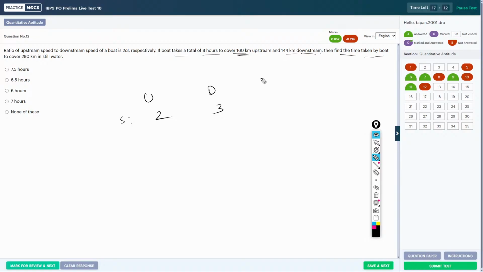We skip it. 36, it's 4. So 38 can be the speed of that boat, and 2 can be the speed of the stream, but not 2 to 3 in upstream downstream, right? So 20, 30, no, won't work. If this is 36, this can be 24, then also no. Skip. I don't have time to make an equation.